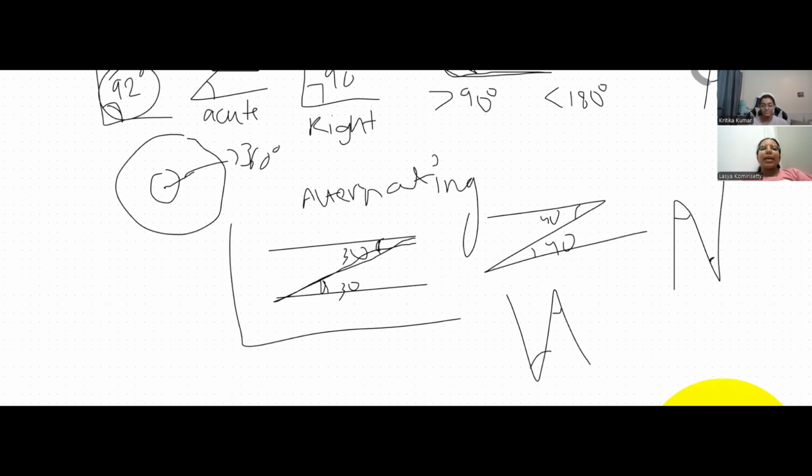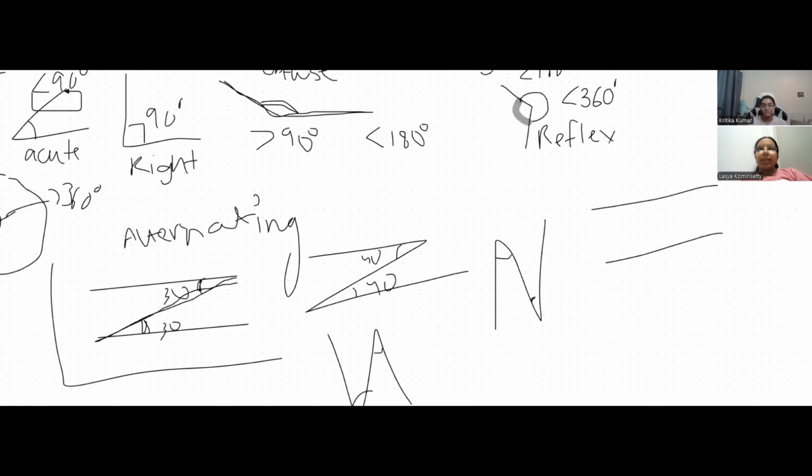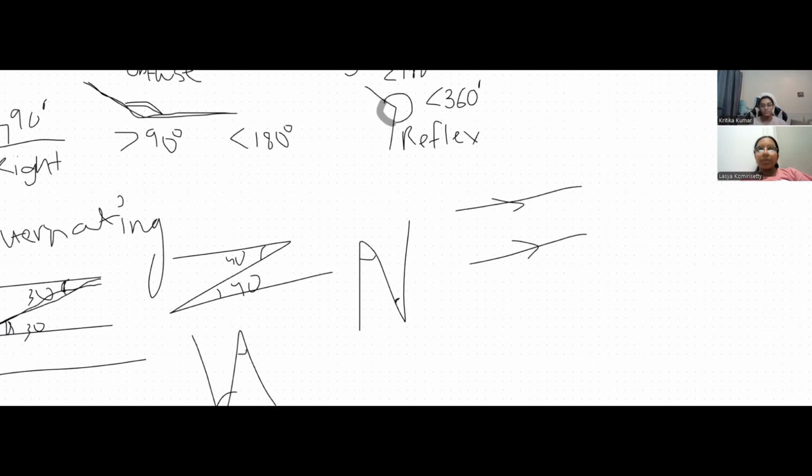Now let's look at other types of angles. When we have two parallel lines, like we talked about before, they never meet each other. And then we have another line going straight through them, connecting those two. You have these angles here and here. These angles are also going to be the same.